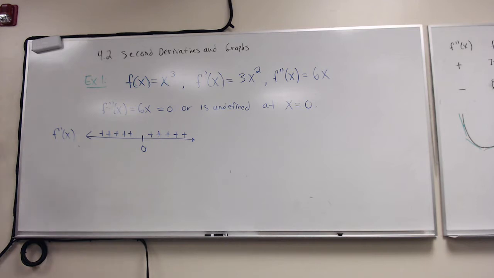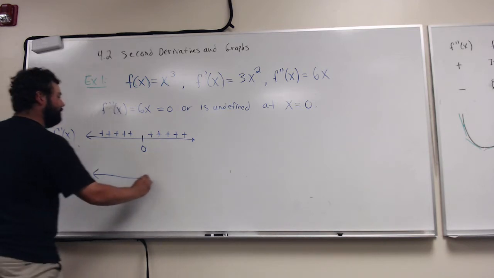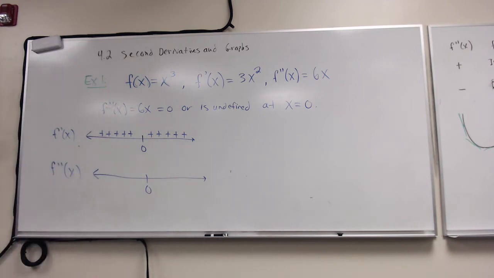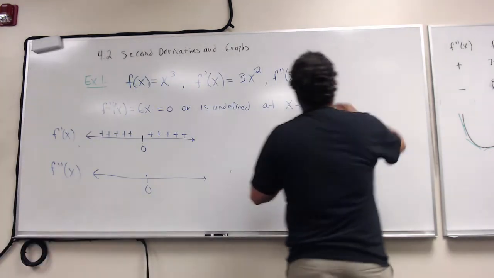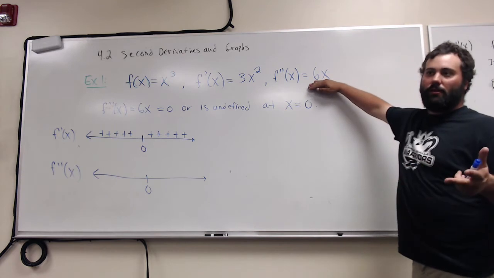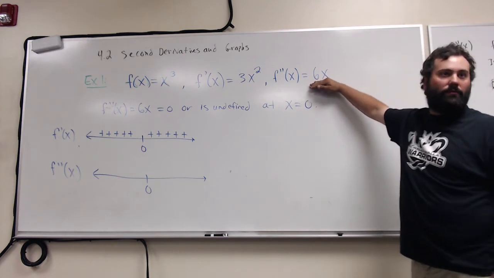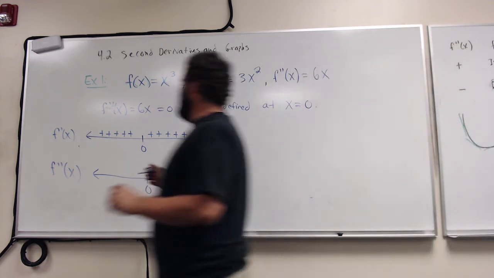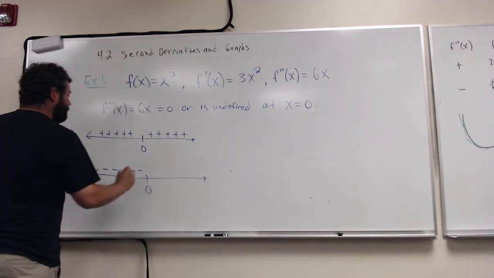And then you could do a sign chart for the second derivative. The only partition number of that would be at 0. What's the sign going to be on the second derivative if you're to the left of 0, i.e. what happens if you plug negative numbers into the second derivative? You're going to have negative, so you're always negative to the left of 0.